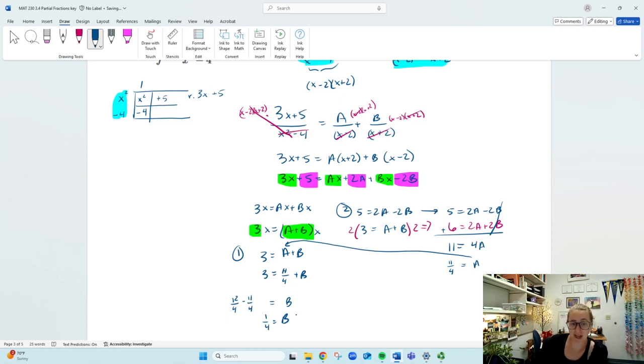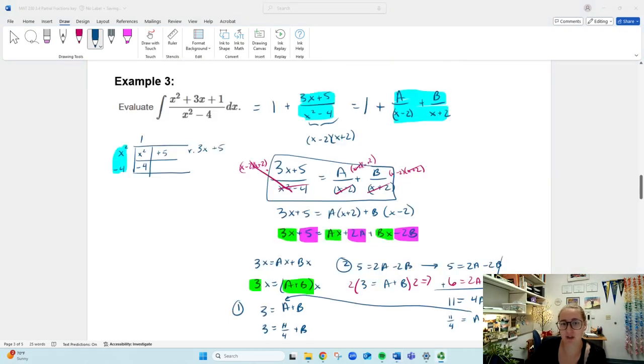Now I can re-plug in my A and my B in my original equation, which I had up here. So I don't want to forget that 1.